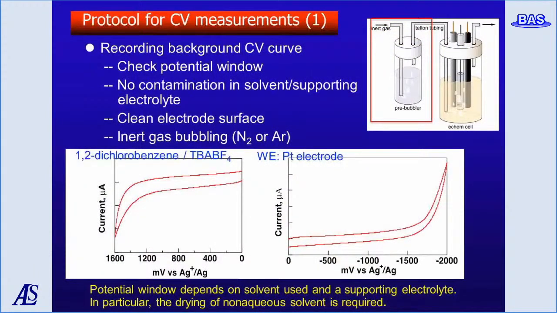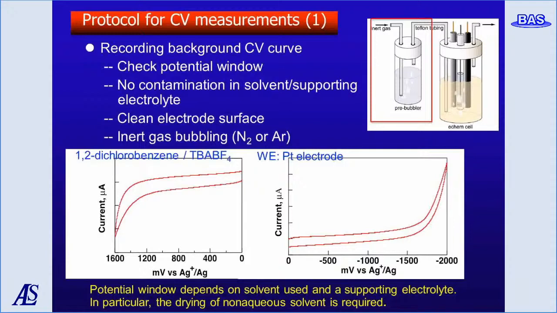I'll just show you the protocol for CV measurements. When taking the CV measurements, a glass cell is filled with a solution with the supporting electrolyte, and then 3 electrodes are attached onto the cell.